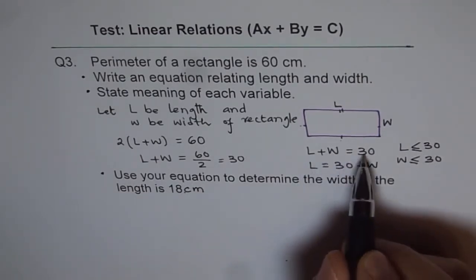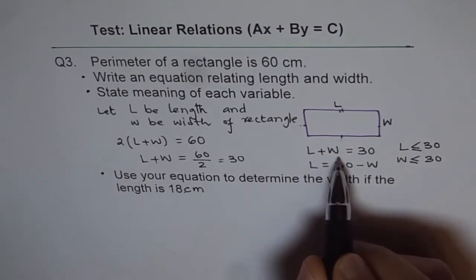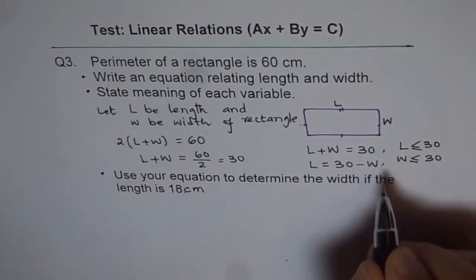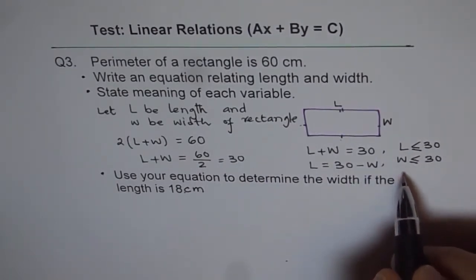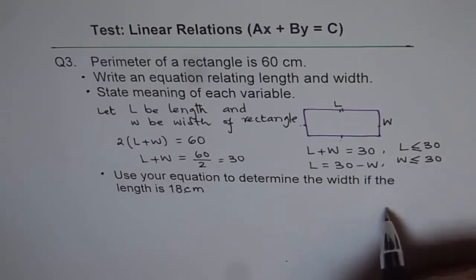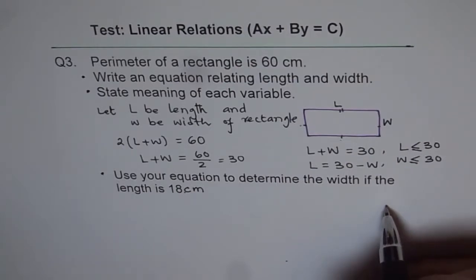Length plus width is 30. So either one of them cannot be more than 30. This is what we are trying to say, right? So sometimes it is important to look into this aspect. That gives us the upper bound of our variable. Our variable has to be positive, but it should be less than 30 in this particular case, correct? So that is what we get.